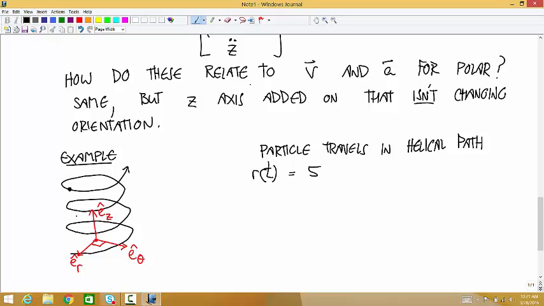It's not changing distance from the center of this helix. And then theta as a function of time is equal to 2t. So that tells you how quickly it's traveling in this circular path. And then z as a function of time is equal to 0.5t.